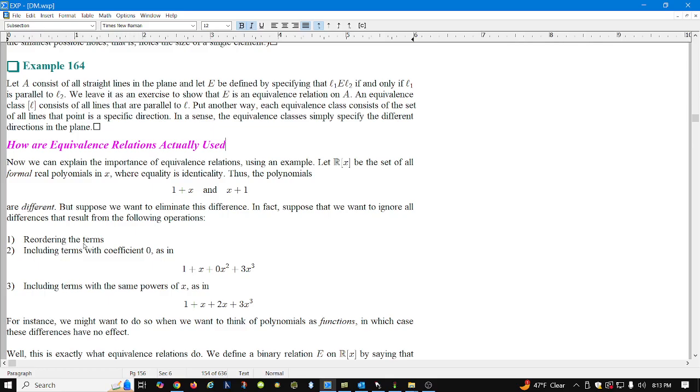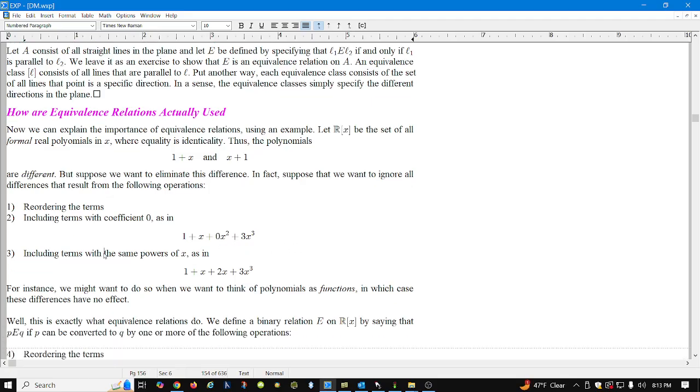I don't want that to be considered as producing a different object. It's going to be a different formal polynomial, bear with me on this. I don't want two polynomials that differ only in the presence of terms with a zero coefficient to be considered different objects.